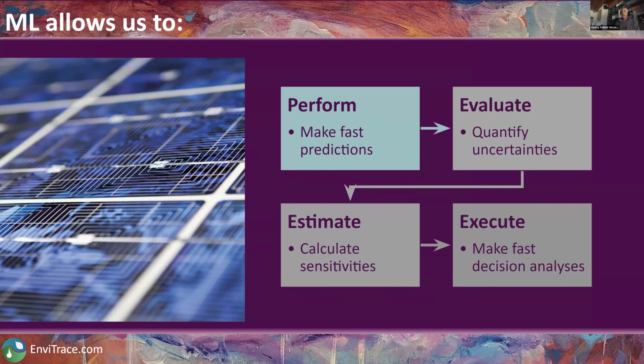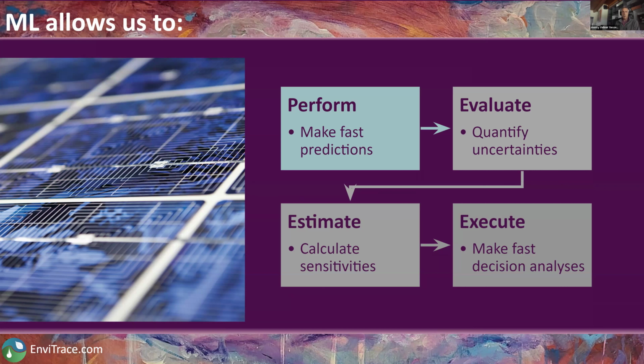Machine learning allows us to make predictions. Typically, using machine learning, we perform two types of analysis, regression and classification. I'll talk a little bit later about the difference between those terms. It can be applied to quantify uncertainties in what we're doing, how uncertain we are in our predictions.